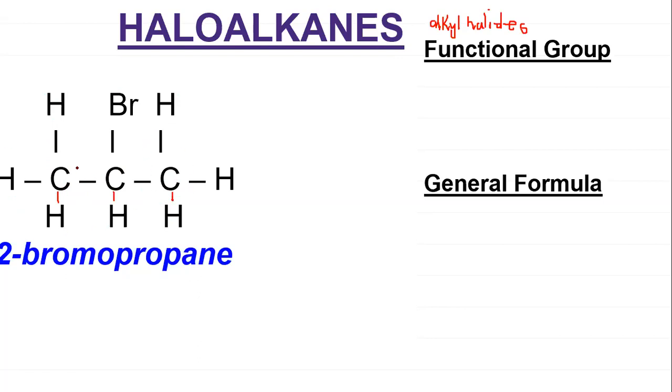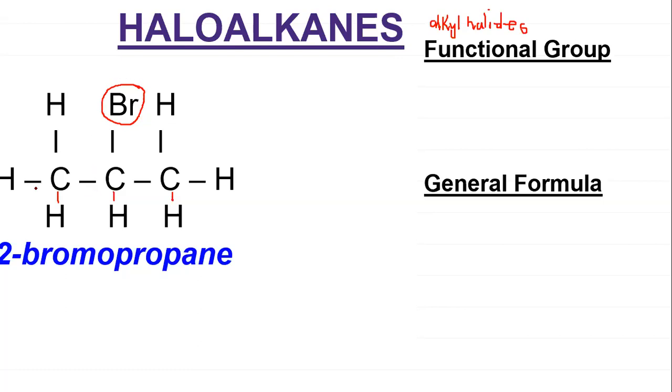So this is sort of telling me that this is an alkane. But then I see there I have a Br. Now Br is a bromine atom. And this bromine atom belongs to a group of atoms that we call halogens.